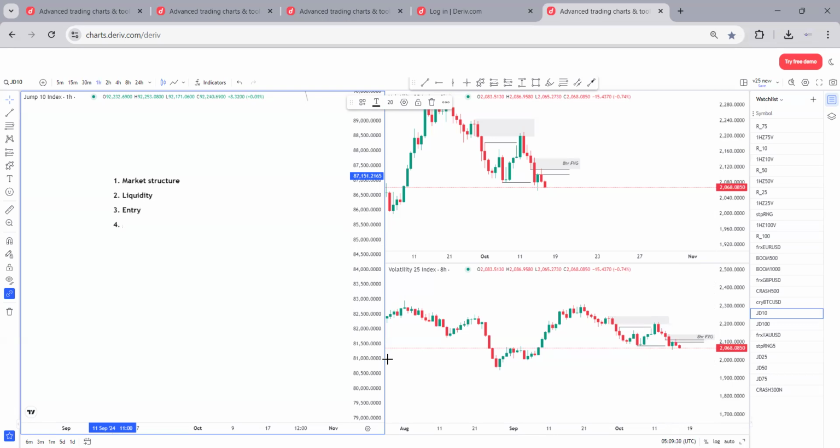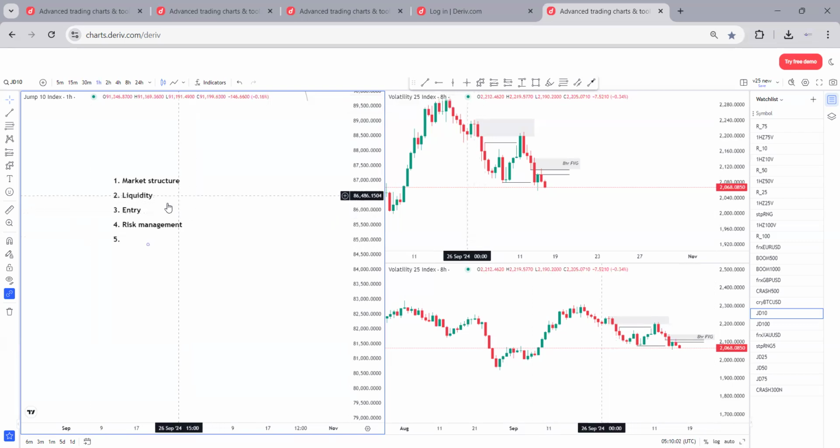I look at risk management. I also look at risk management and imbalances.